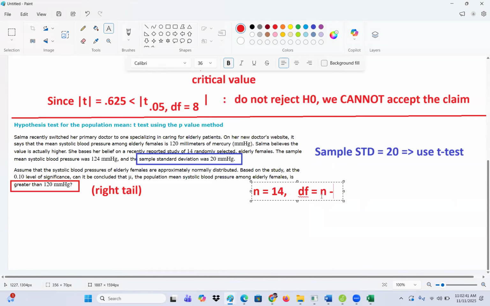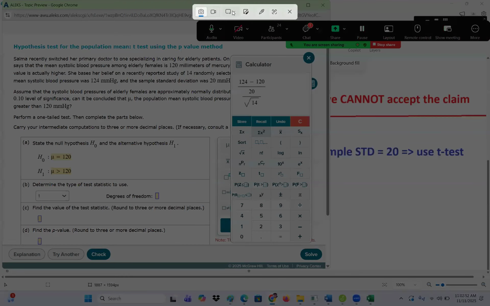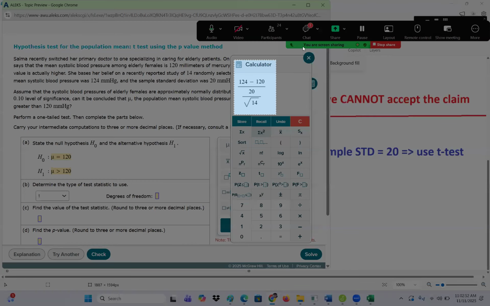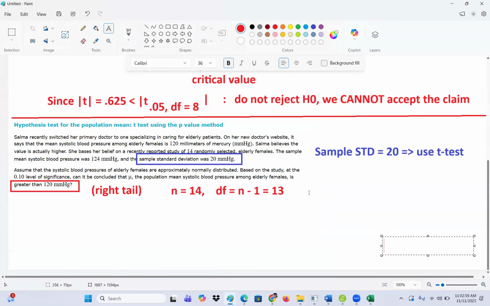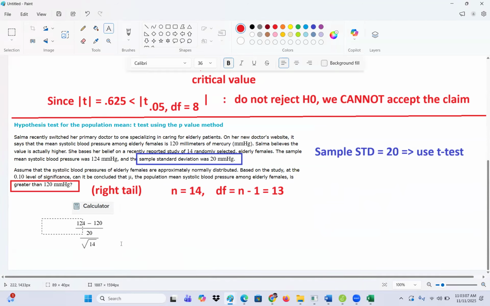So degree of freedom is n minus 1, so that equals 13. Okay. But when we do the math, it still has to be 14 instead of 13. So when you do it on a calculator, you have to look at 13 degrees of freedom, but when you compute the math, it has to be 14 in this case.